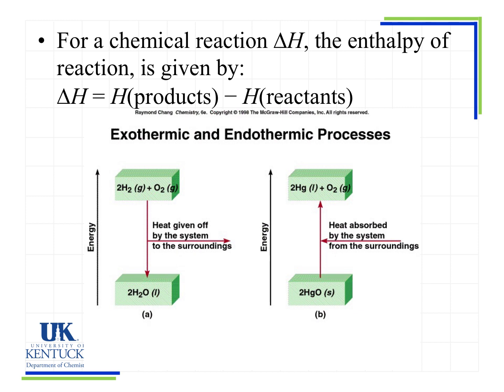So H final is the enthalpy of the products, and H initial is the enthalpy of the reactants. So delta H for a reaction is the H of products minus the H of the reactants.